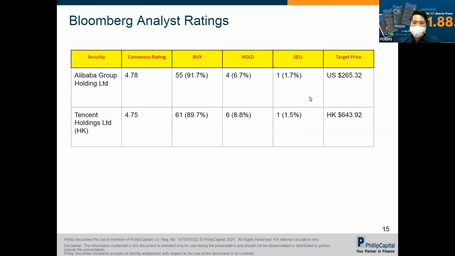Based on the analyst target price, the average target price for Alibaba Group, most analysts deem it to be around 260 US dollars. For the Alibaba Group listed in Hong Kong, it was around 200 Hong Kong dollars also. So if you want to know the target price, maybe you can use this as reference.